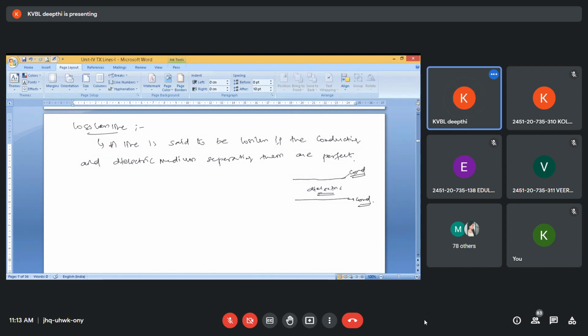If the medium between the two transmission lines, as I have mentioned already, is a perfect conductor, and we have a dielectric medium separating them, what are the values we get in a dielectric medium?